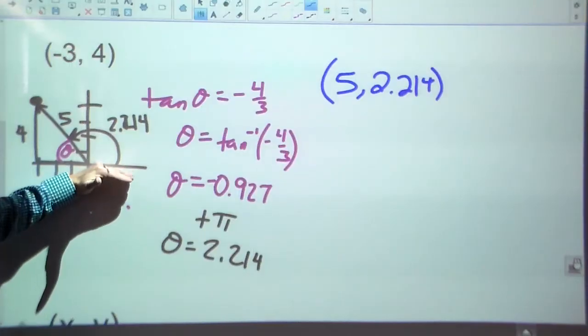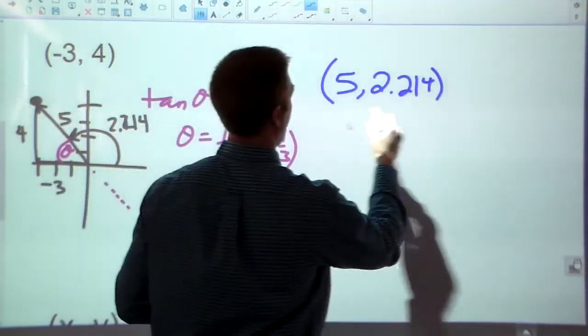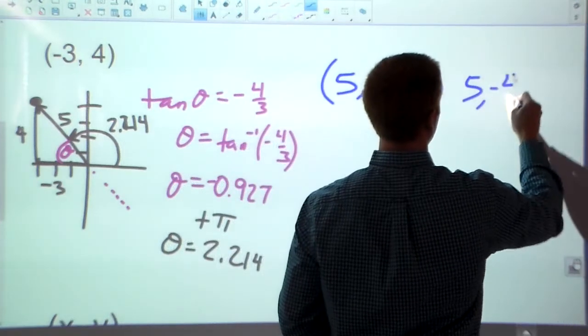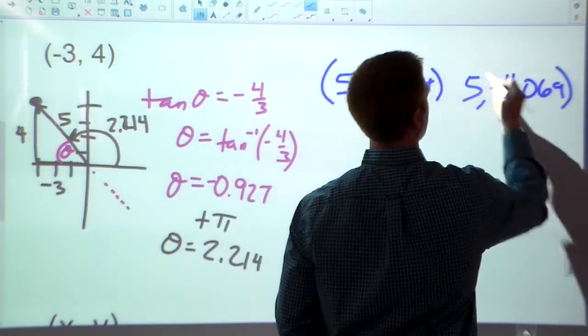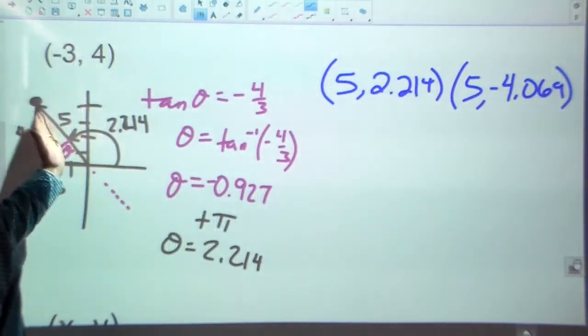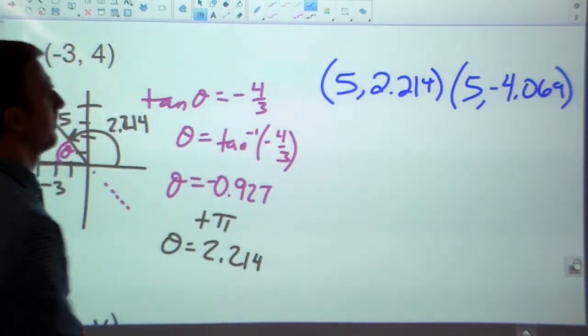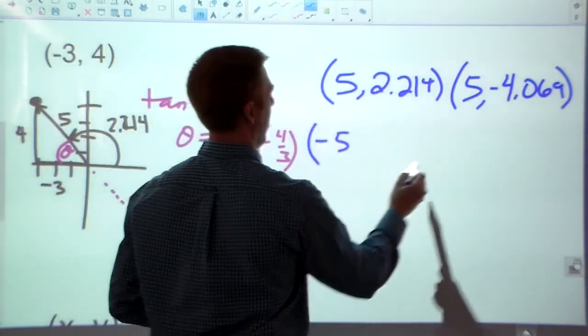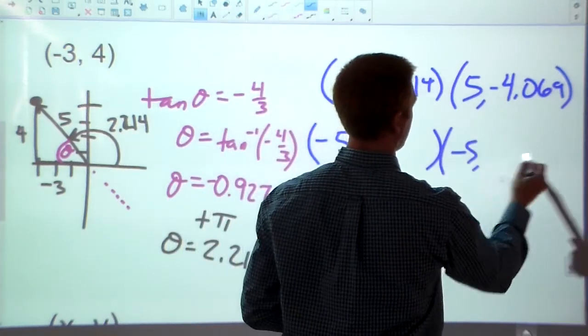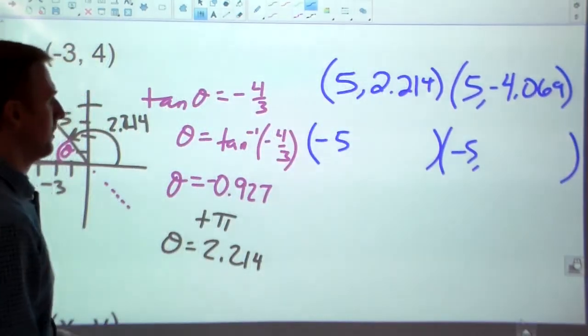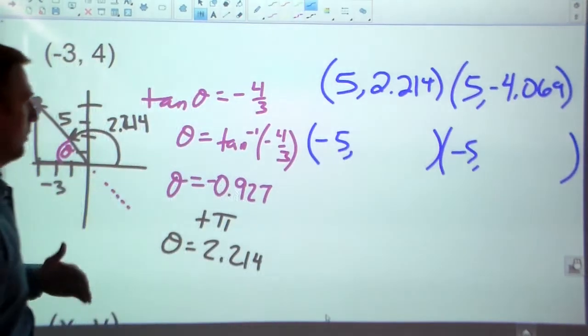Now that's in the negative direction here. So 5, negative 4.069. So same radius. That's the two ways to get positive 5 for your radius. The other two ways, you want to get negative 5 for your radius and see what happens. And then we just look at going the normal direction.